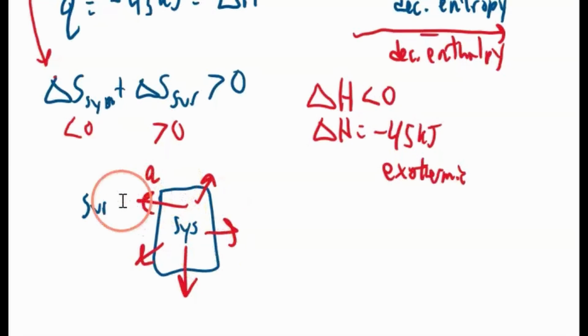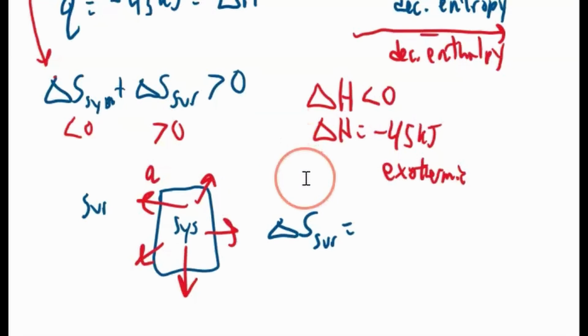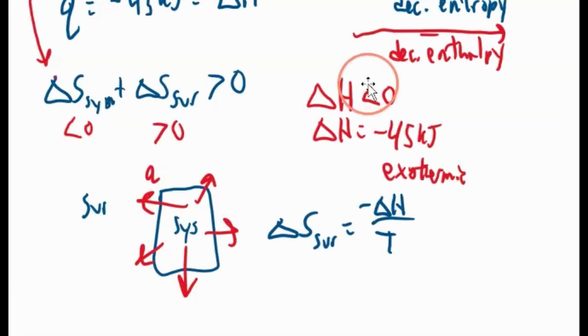Because of this, we have an increase of entropy of the surroundings. And then we also have our other equation that we saw, the change in entropy of the surroundings, using the thermodynamic definition of entropy, equals negative delta H over T. This delta H is negative, so this would be 45 kilojoules over the temperature.